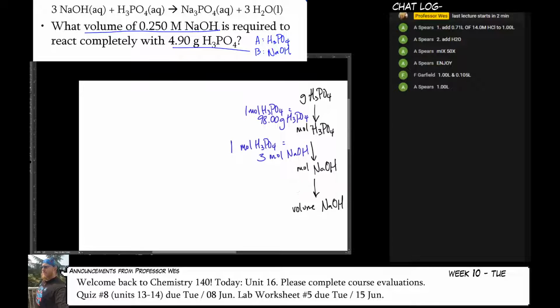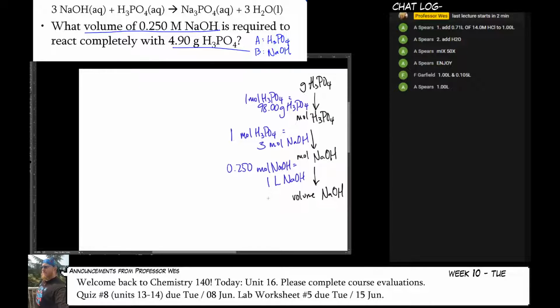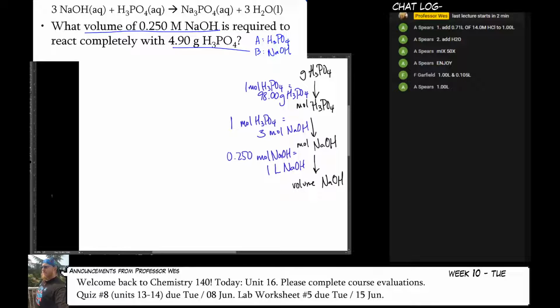And then finally, for the molarity relationship down here, moles of sodium hydroxide and volume of sodium hydroxide, so that would be liters. I know that with the concentration shown, I put 0.250 moles per liter. So my molarity becomes a relationship. And now I can just do the calculation as shown.